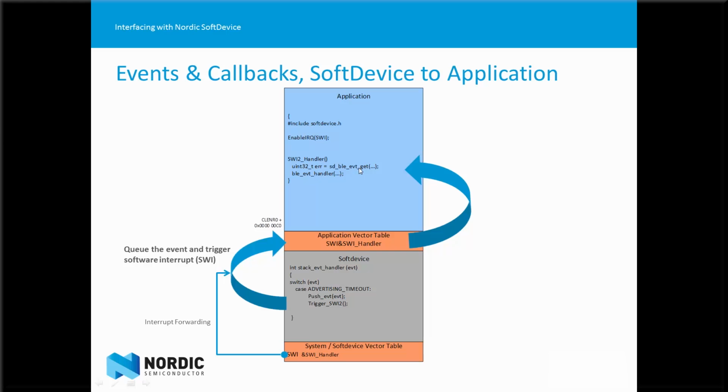Inside that handler we have to fetch the event using sd_ble_evt_get, and then we can call our BLE event handler inside the application. So inside the application you are free to catch this event and decide what to do after the advertising timeout. This is how the SoftDevice can send an event to the application.